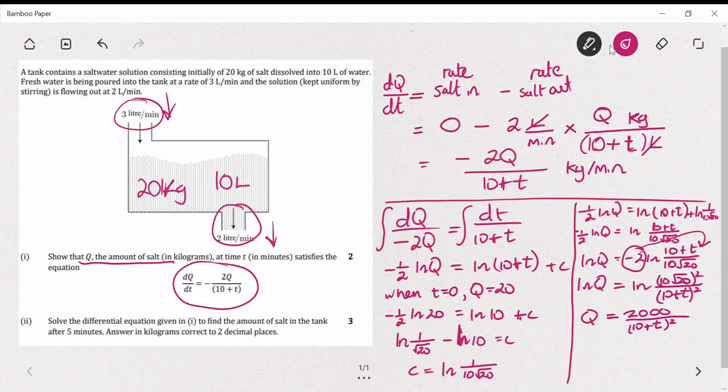All right, now I'm going to find out what the amount of salt is in there after 5 minutes. And I've got to answer that in kilograms to 2 decimal places. So we go 2,000 divided by 15 squared.